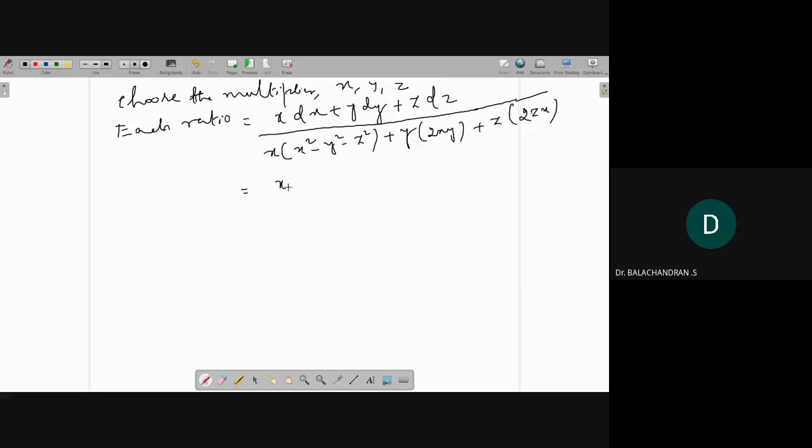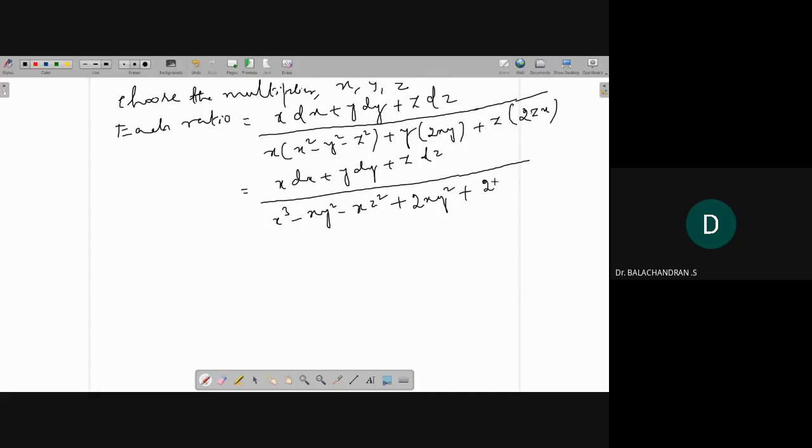So x dx plus y dy plus z dz divided by x cube minus xy square minus xz square plus 2xy square plus 2xz square.